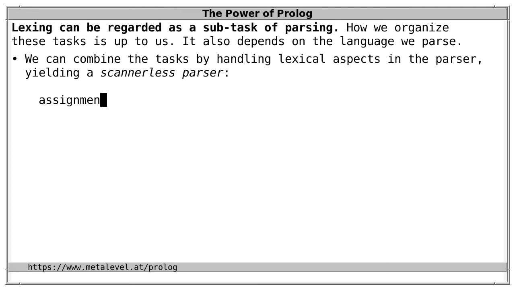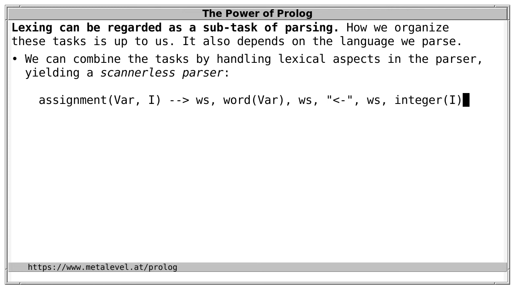For instance, we may define what an assignment is in a language by saying an assignment is a relation between a variable and, say, an integer, and it may be preceded by whitespace, then a variable, say a word, then whitespace again, then an operator denoting assignment, like in R, whitespace again, then an integer, and possibly ending with whitespace.